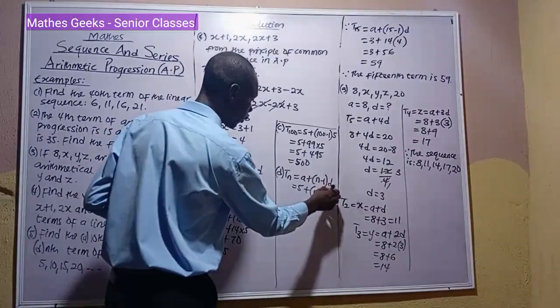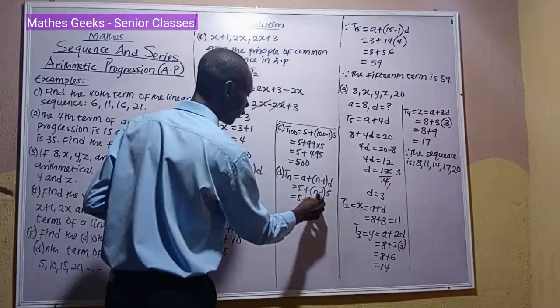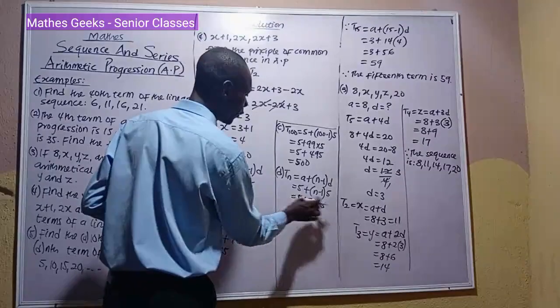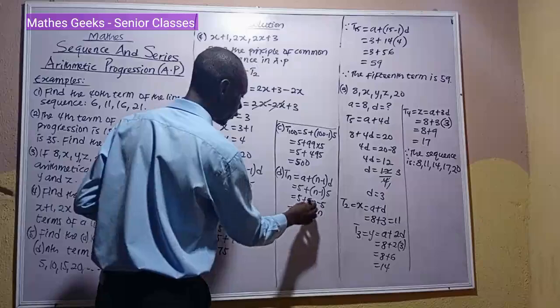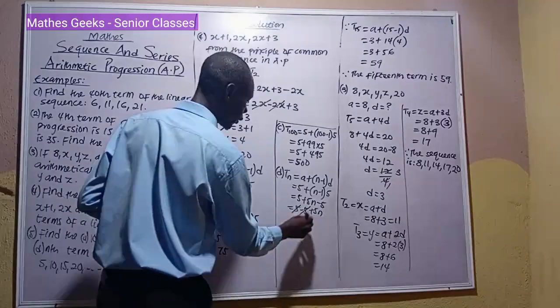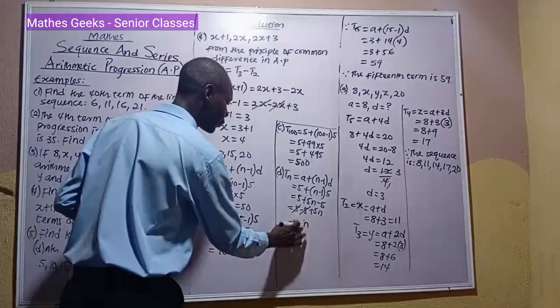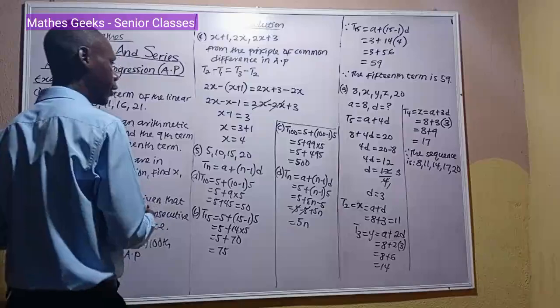Our common difference is 5. This is 5 plus n times 5 will give us 5n. Minus 1 times 5 will give us minus 5. So 5 minus 5 plus 5n. 5 minus 5 will cancel out to give us 0. So the nth term is 5n. That's the nth term, 5n.